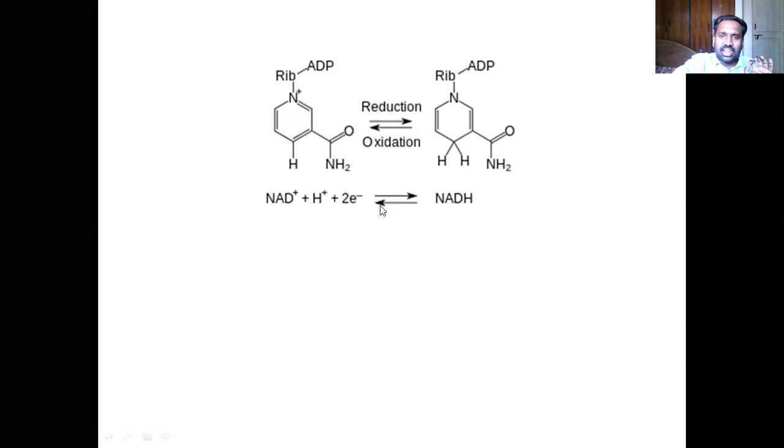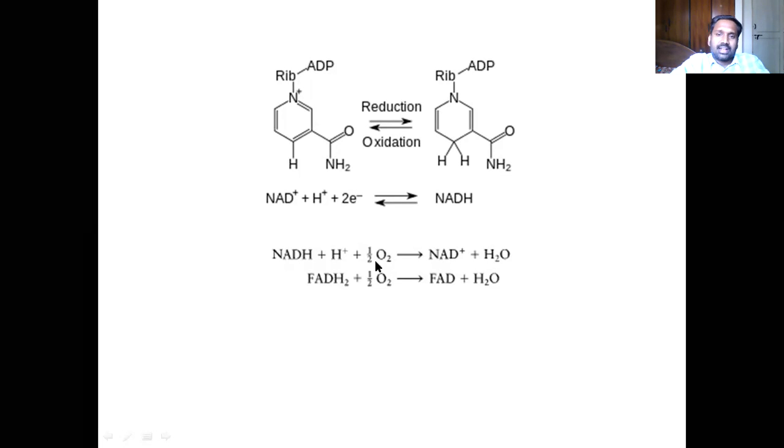Now, the oxidation reaction is a very exergonic reaction. Anyways, the same reaction I have just written here in the form of a scheme, including the oxidizing agent. So oxidation cannot take place by itself. There should be some oxidizing agent.